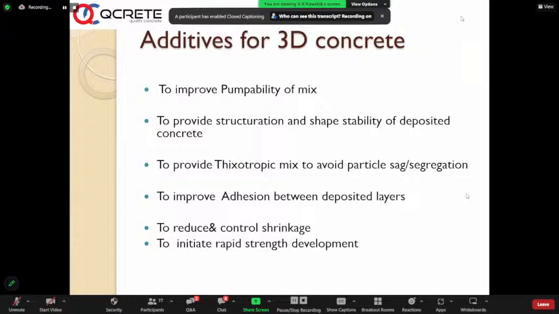And in this situation, when you are making a 3D concrete, rather 3D mortar, the admixtures have to give good pumpability. It should give shape stability. Once the first layer is deposited, when the next layer comes, the first layer should support the second layer, and it should give a thixotropic mix to avoid particle segregation and sag, and the adhesion between the first layer and second layer should be good.